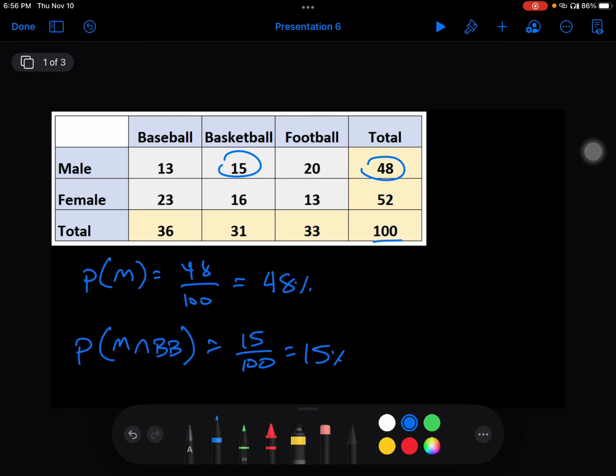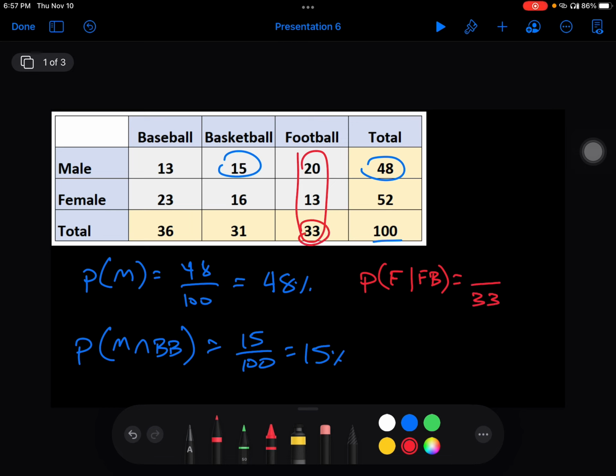Let's take another situation where we want to know the probability that a student is female given that she plays football. And let's just assume that this is soccer, but it could be American football. Well, we know that she plays football, so we're going to look at all the students who play football. 33, that's our denominator.